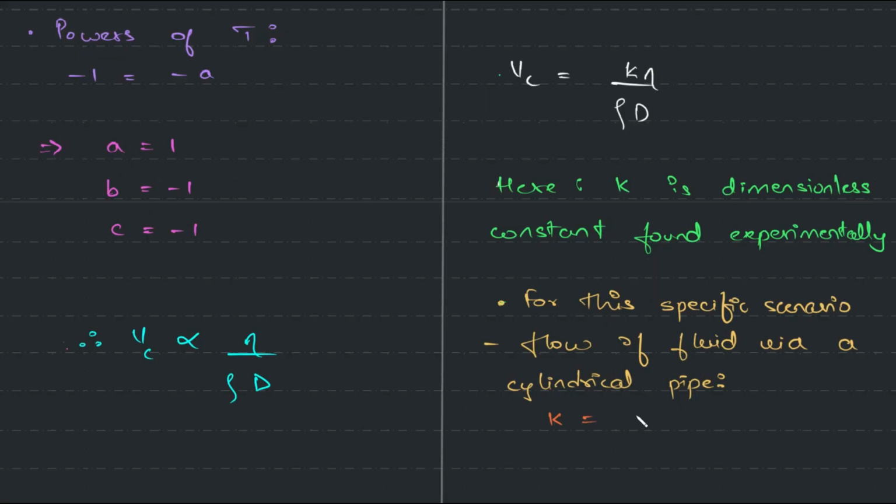This will be equal to something called the critical Reynolds number. I forgot the presentation, guys, let me take a second. I think it's this. Yeah, right. We have R E and C subscript.